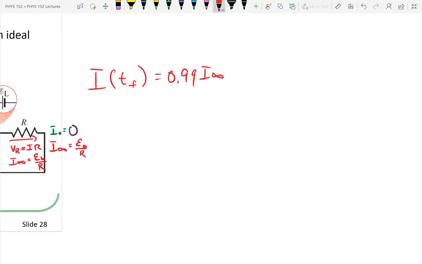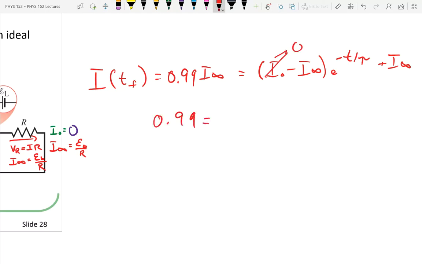Because we have no time, I use my equation, I0 minus I infinity, e to the minus t over tau, plus I infinity. And since I0 was 0, then I just have 0.99 equals minus e to the minus t over tau plus 1. Now I can subtract 1 from both sides, and I'll have minus 0.01 equals minus e to the minus t over tau.